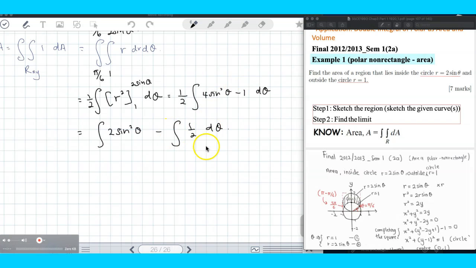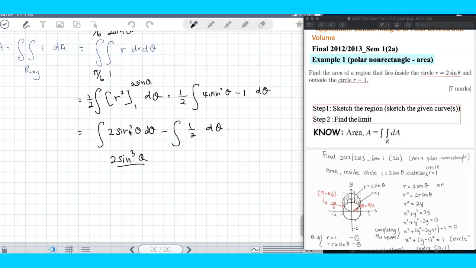So for the second term, you can integrate directly. You have to put the d theta here. Okay, but this one you need to reduce the power. You cannot directly integrate. Don't give me 2 sine cubed theta over 3. So that is definitely wrong.